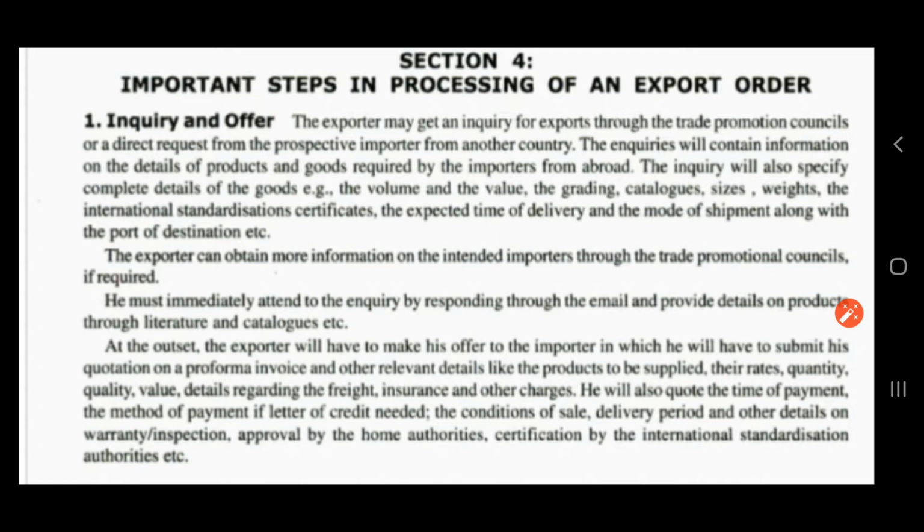For that, the exporter will have to submit his quotation on the pro forma invoice, like what we have discussed in the last class.